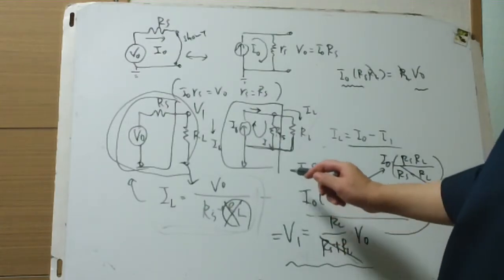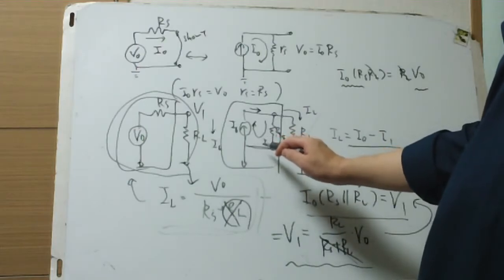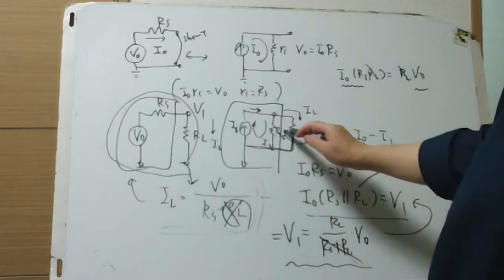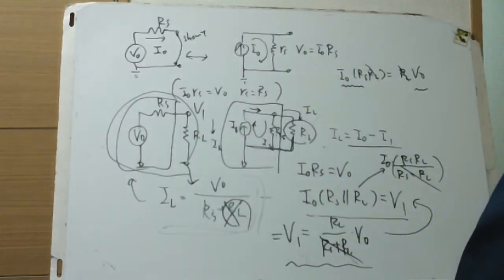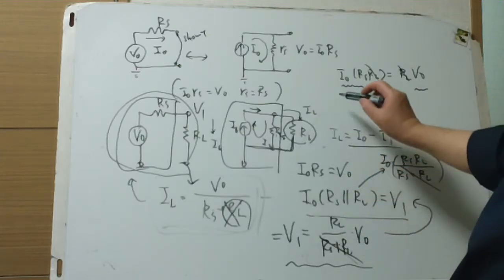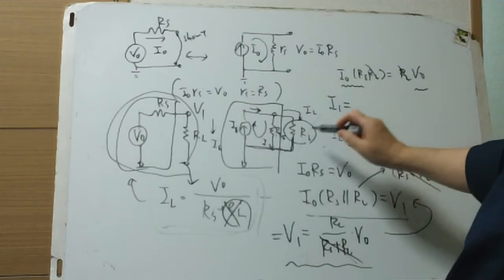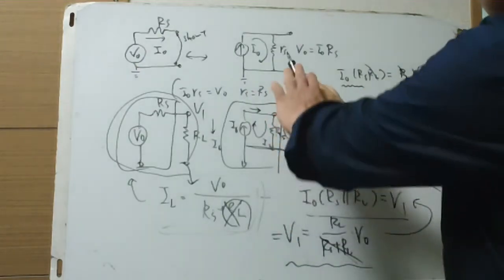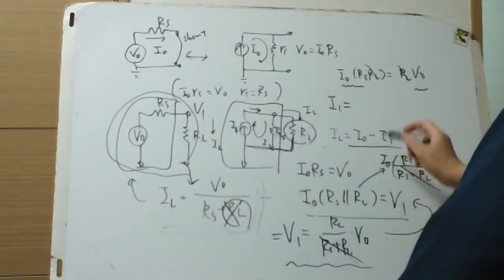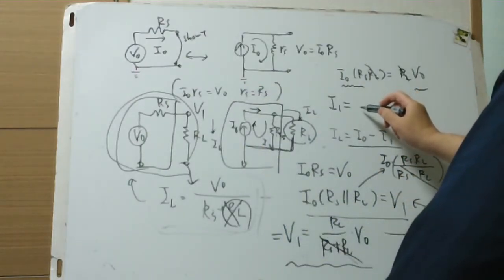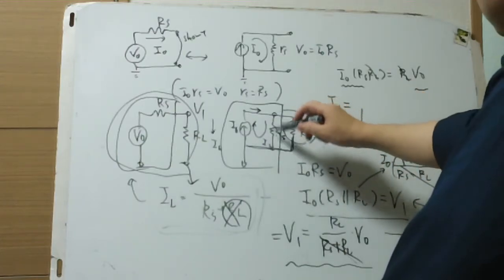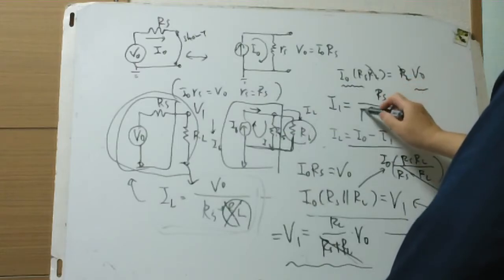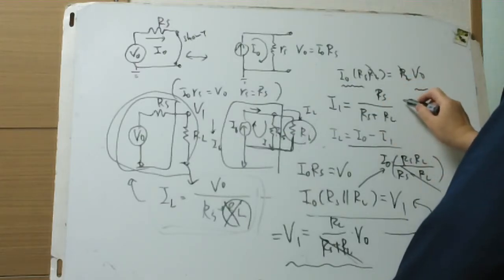RL is here. The same of this: I1 equals the distributed current, or ratio of this current, RS over RS plus RL times IO.